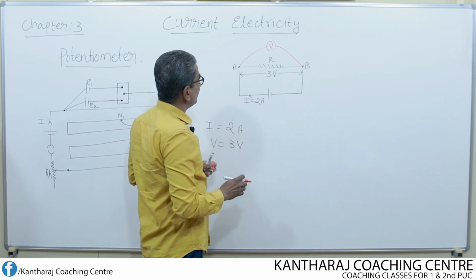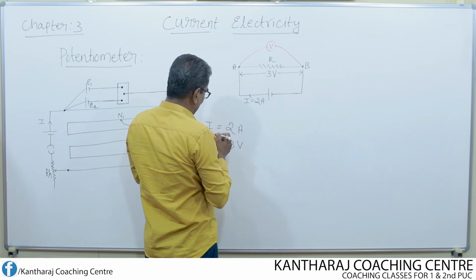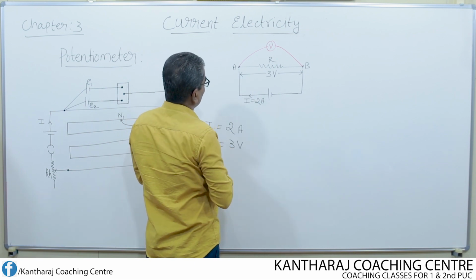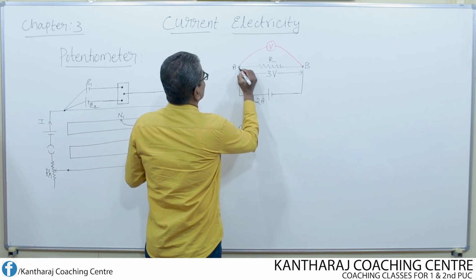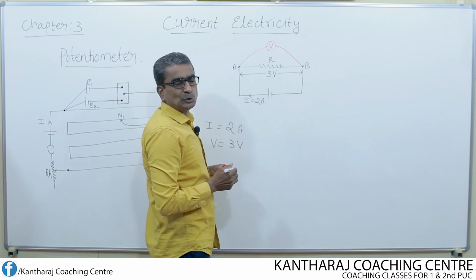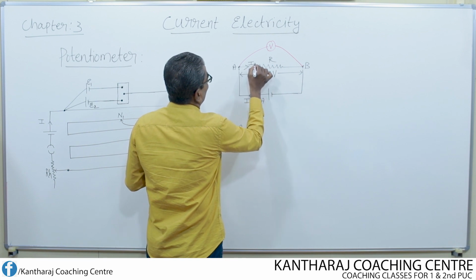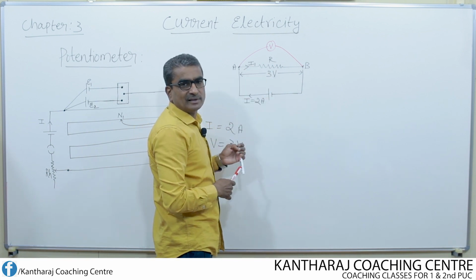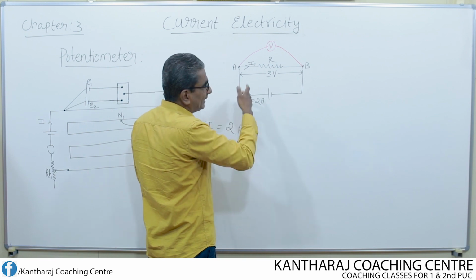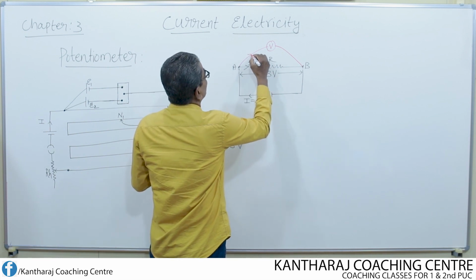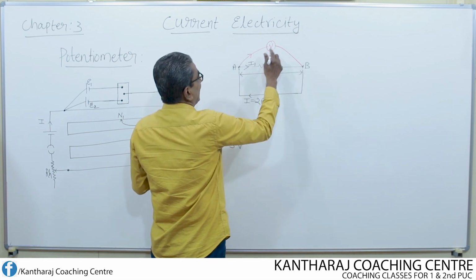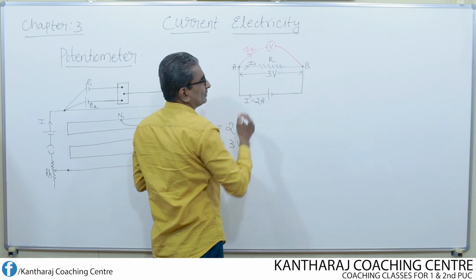Why is it so? Here, the current of 2 ampere, after reaching this point, splits into 2 parts. One part of the current flows through this wire, I1, and the remaining part of the current flows through this voltmeter branch. Let us call this I2.